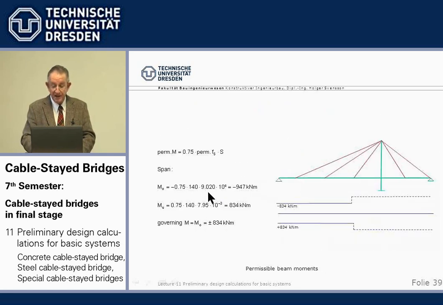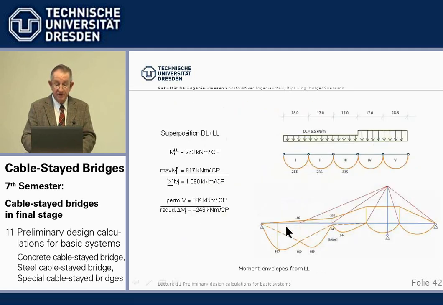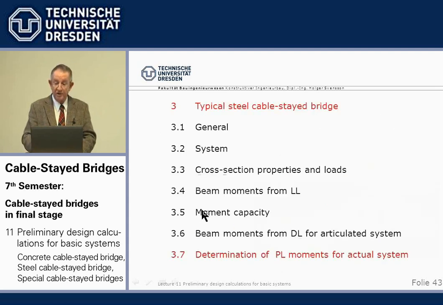However, our permissible moment for the selected cross-section is only 834 kilonewton meter. So we need, from the third loading, which I call cable shortening, an additional minus 246 kilonewton meter at this point.